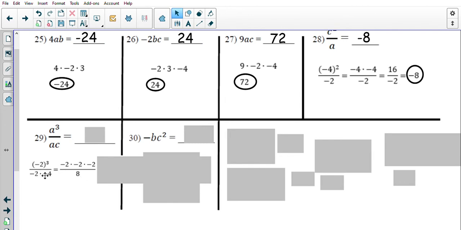On the bottom I did -2 times -4 to get +8. Remember, two negatives make a positive. 2 by 2 by 2 is also 8, but it's negative since you have an odd number of negatives, since you have 3 negatives. So we have -8 over +8. Divide those. 8 by 8 is 1. We have 1 negative. Our answer is -1.